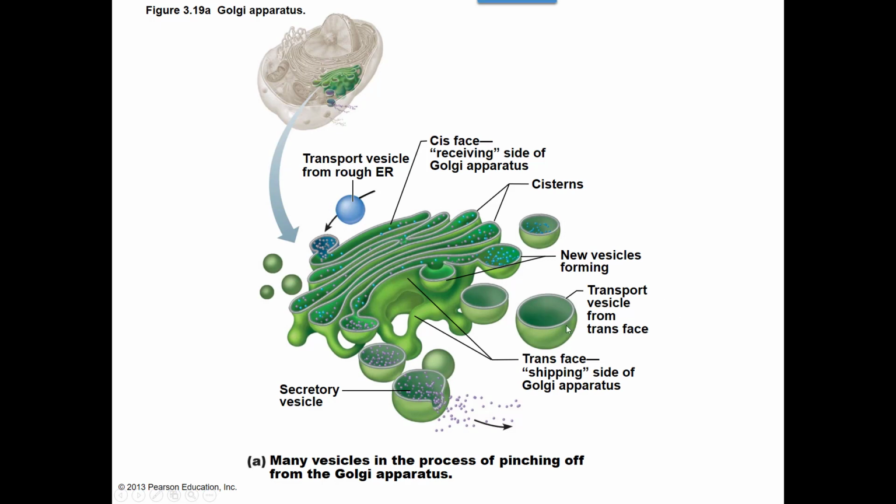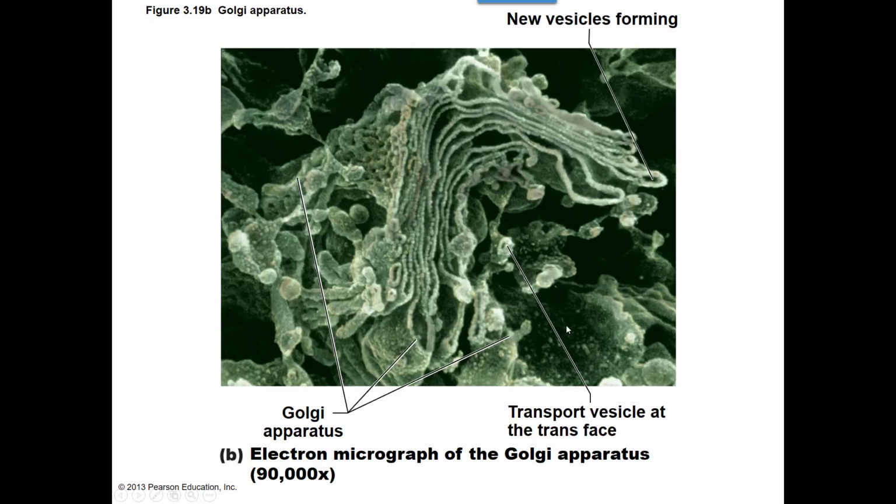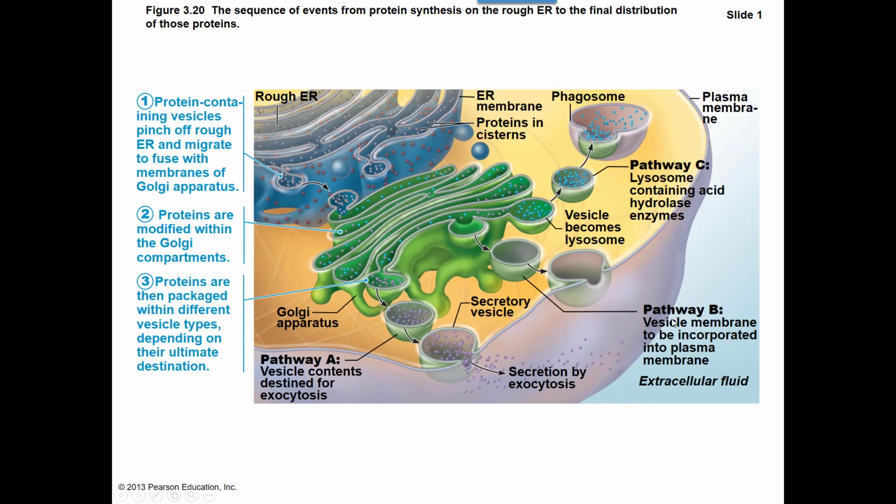Now, an actual picture of the Golgi apparatus is this one. It's magnified 90,000 times its normal size, but you can see all those stacked folds. You can even see some of the vesicles that are forming there. Now, this is just to give you a basic idea of the rough ER working together with the Golgi apparatus. Things are leaving the rough endoplasmic reticulum, fusing with the Golgi apparatus.